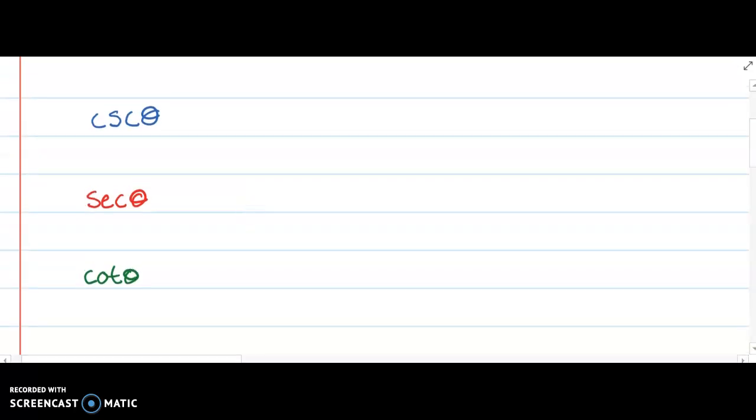Okay, so cosecant is actually just equal to 1 over sine of theta, which turns out to be the hypotenuse over opposite. So it's just the reciprocal of sine.